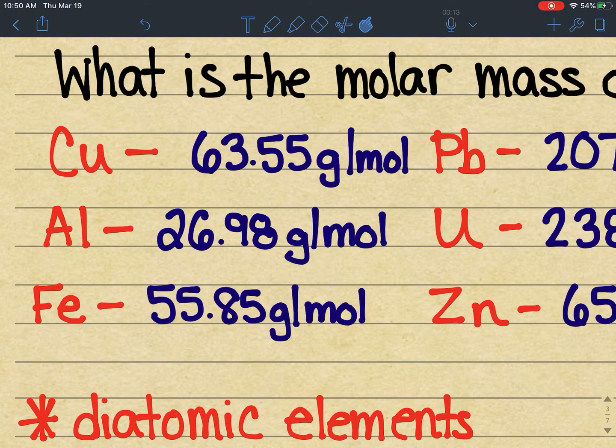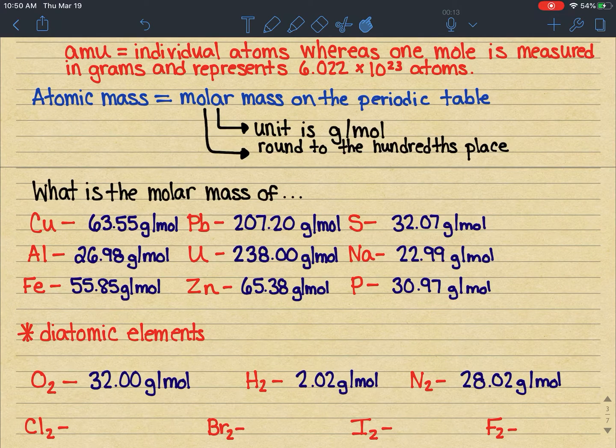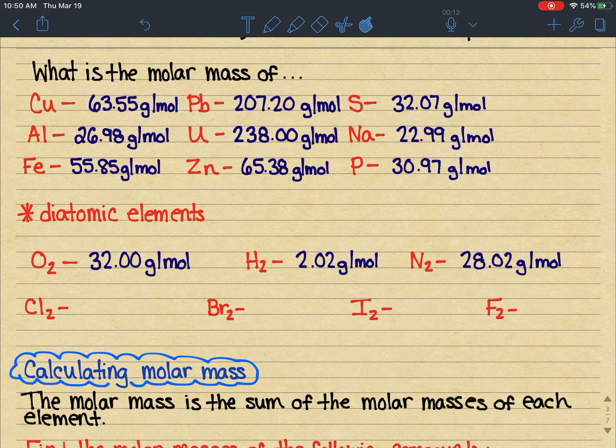Hopefully that makes sense. All right, so again, I just posted a couple of different kinds of elements. You can look and double check to make sure that you're understanding where that's coming from. Another thing that's important to remember is that some of our elements naturally exist as diatomic.